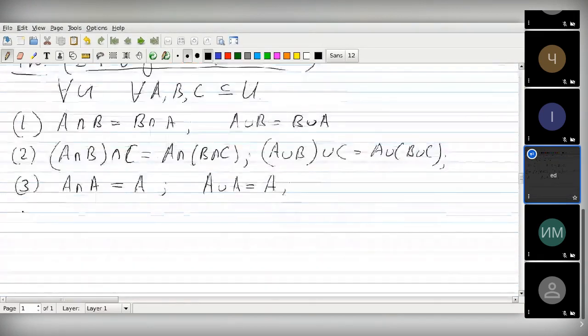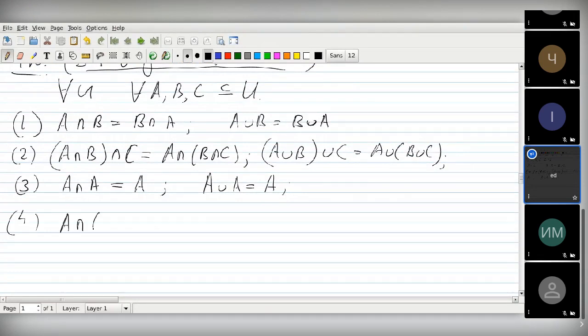Absorption laws. A intersected by the union of A and B equals A. These are just elements which are in A and in the union. Of course, every element of A is in the union. This is just a rephrasing of the fact that A is a subset of the union.